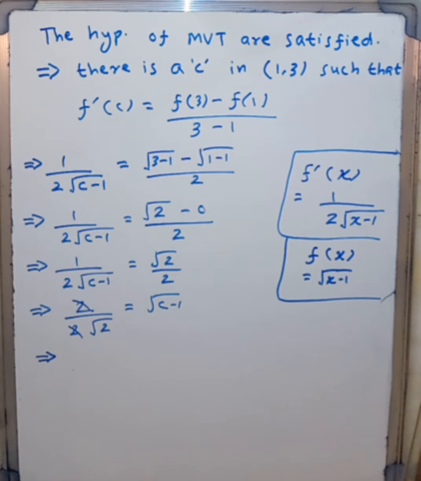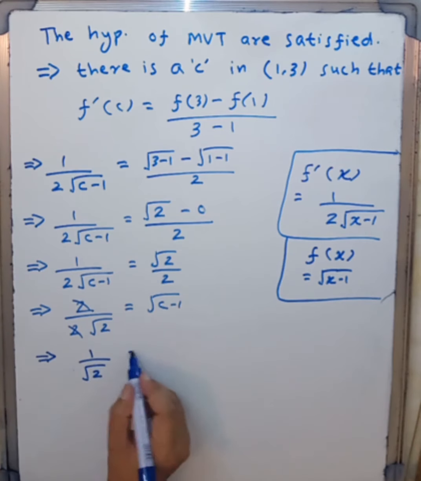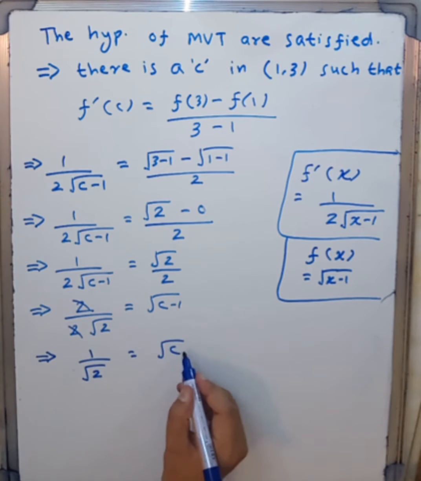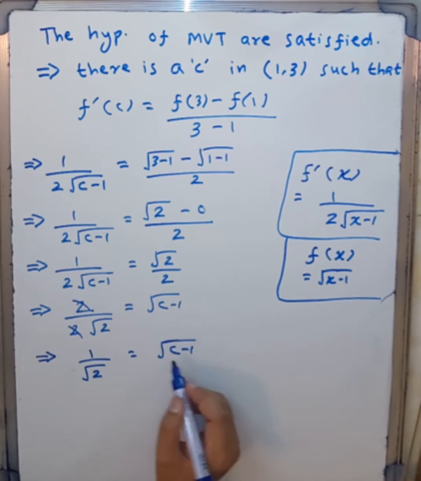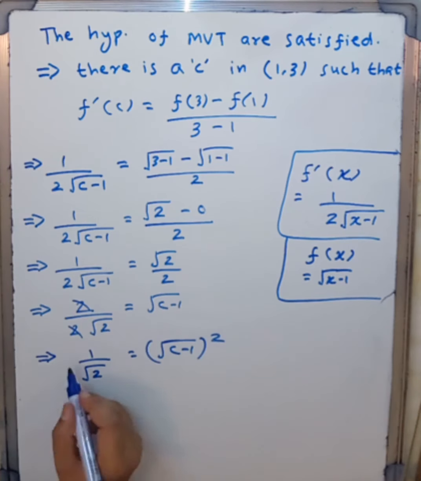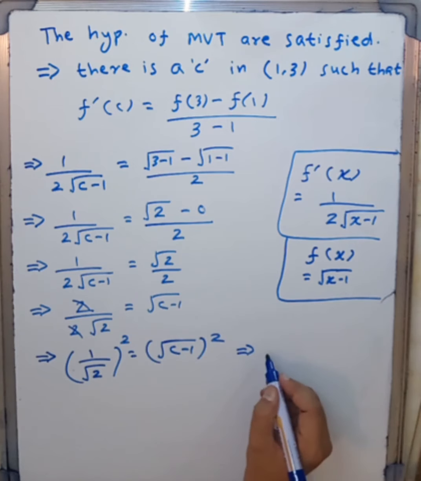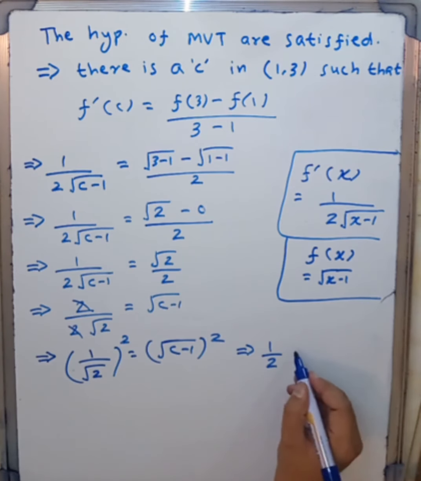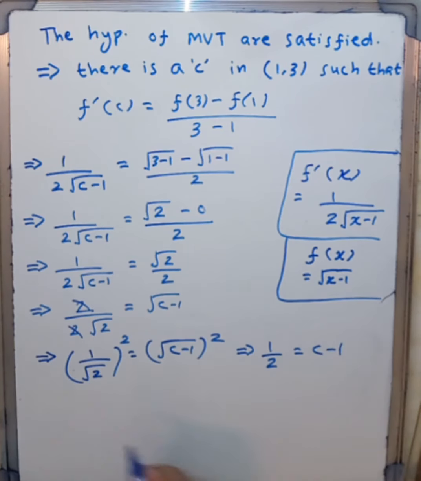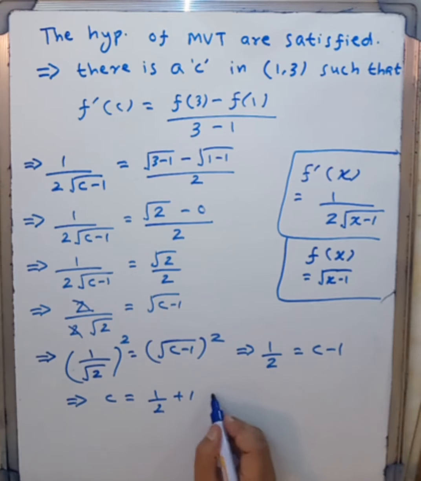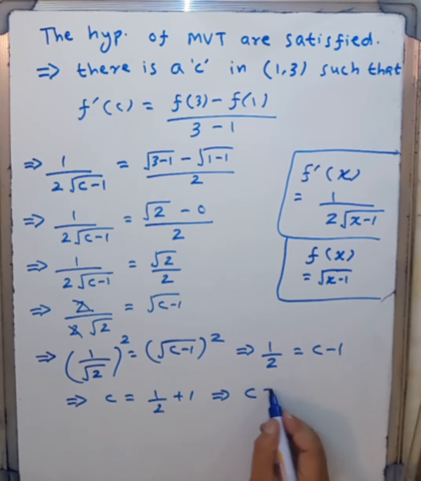Let us square both sides. So 1 by square root of 2 is equal to square root of C minus 1, whole square. This will give us 1 by 2 is equal to C minus 1, and this gives us C is equal to 1 by 2 plus 1, and this gives us that C is equal to 3 by 2.